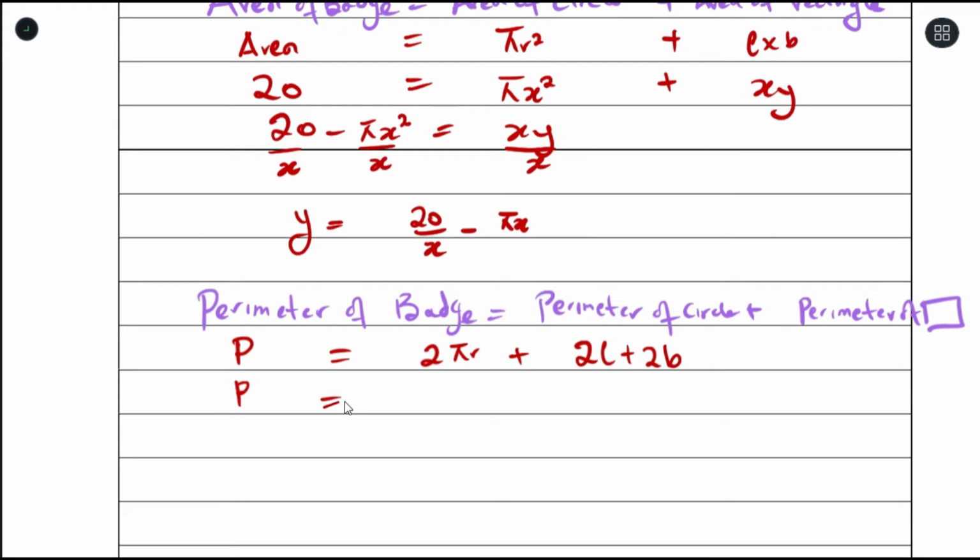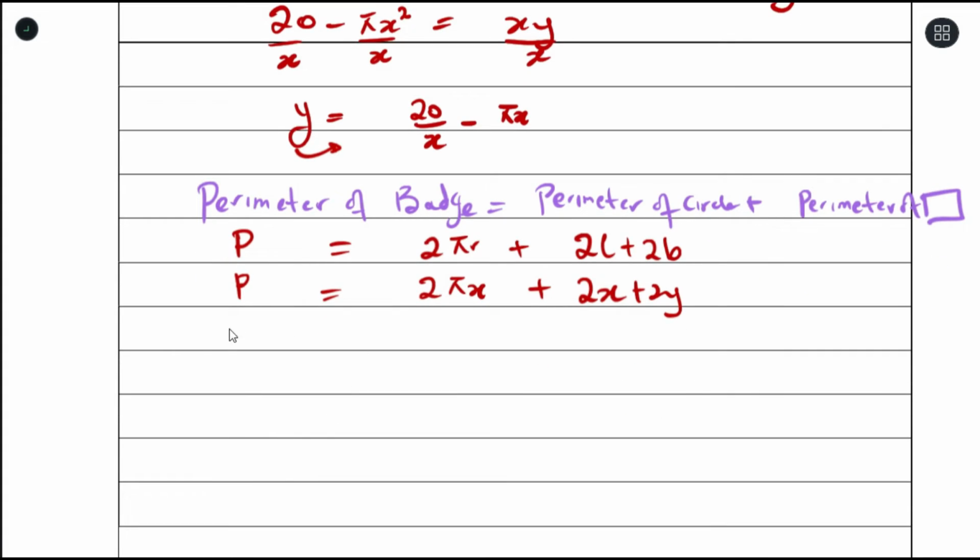As you know, the radius is x and the length is 2x plus 2y. Since we already have what y is, we can replace this y with that formula we have over there. Rewriting this, you're going to have P is equal to 2 pi x plus 2x times 20 over x minus pi x.